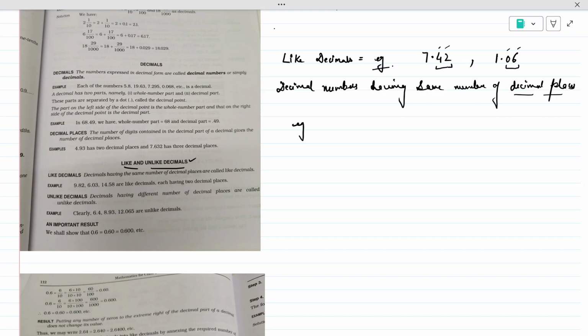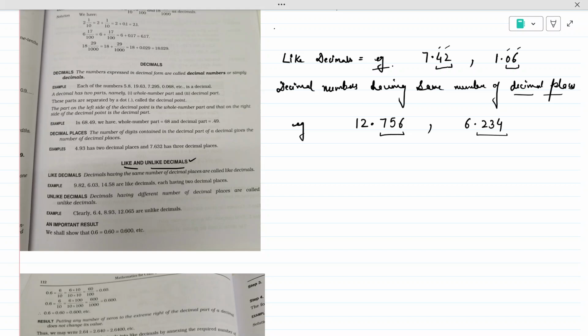What I mean is, if I have a number 112.756, and if I have another number as 6.234, we are only going to compare the number of places after the decimals. Here in both the cases, the number of places after the decimals is 3.